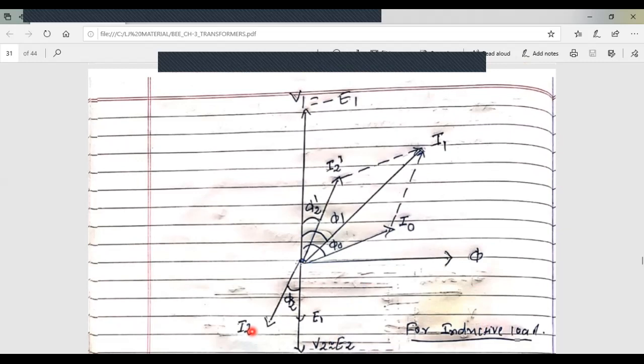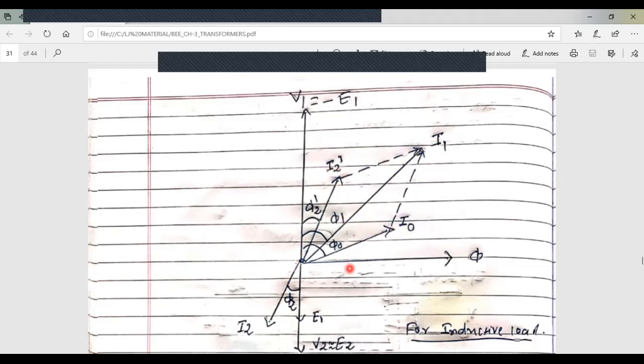When inductive load is there, I2 lags V2 by some angle phi2. Now draw the opposite of I2, which is I2 dash. Now the addition of I2 dash and I0 is nothing but I1. So this is the parallelogram, and this is the final primary current I1, which is the addition of I0 and I2 dash.